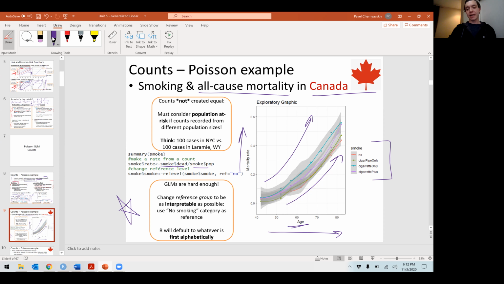So that's why I have a different line for the smoking status and also adjusted for age. It looks like the salmon line is below the others. And that would indicate, this is an exploratory graphic of course, that those who didn't smoke die at a lower rate when adjusted for age than those who did smoke.